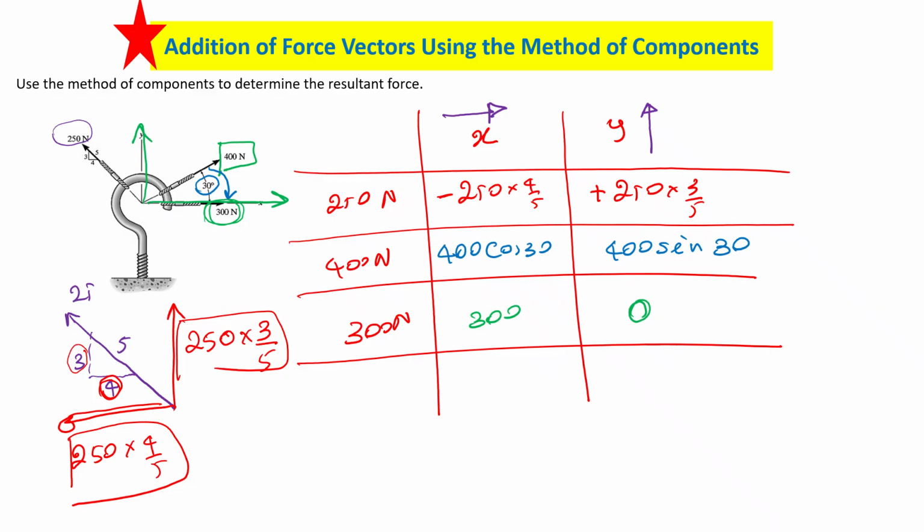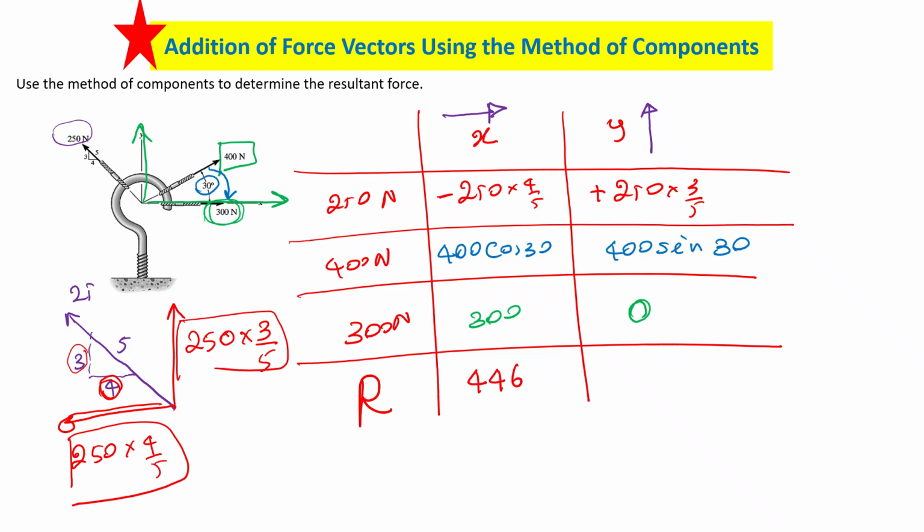Now, can you find the components of the resultant? So you add all the x's together and all the y's together, and you can have positive or negative numbers. So can you please find them? What do you get for the x? 446.